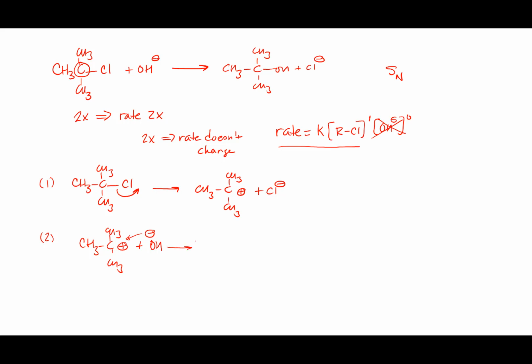It is actually not donating, it's sharing, to form the final product. And so maybe it takes 2 steps for this mechanism instead of 1. And we know that's the case because 1 step doesn't have the same rate equation.